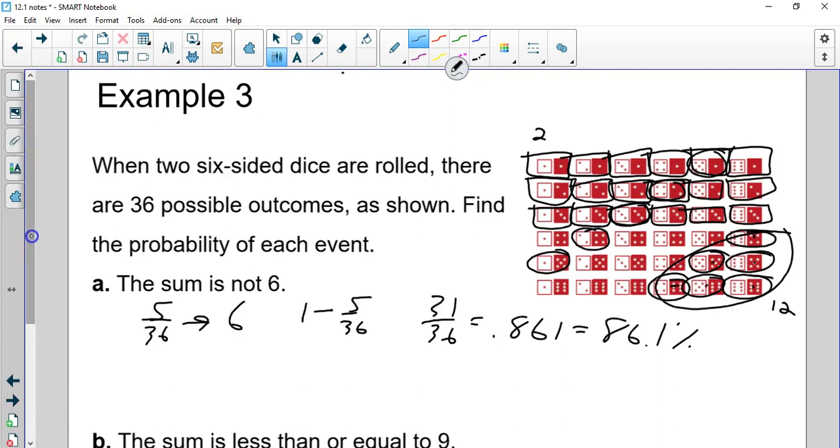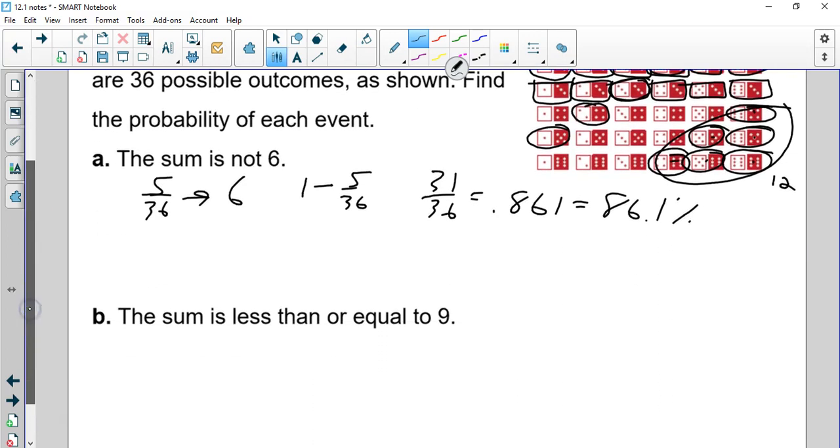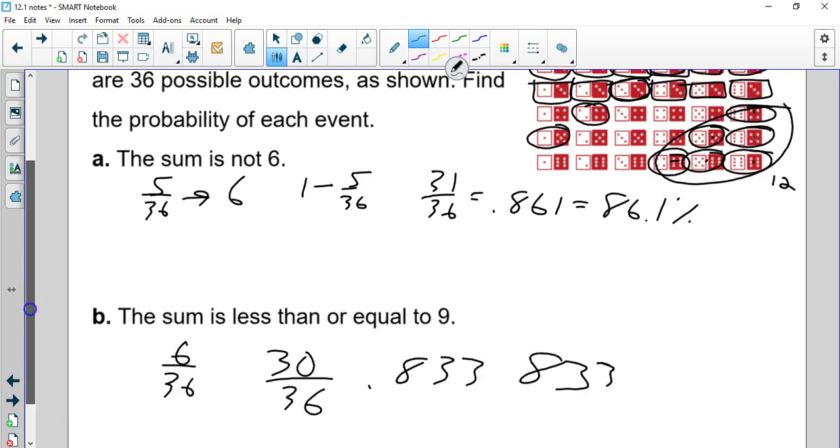There's 6 ways out of 36 that we don't want. So that leaves 30 out of 36 that we did want. And that's 0.833 or 83.3%. So I want you to see that you can go either direction. It's up to you. One's just going to be more time consuming.